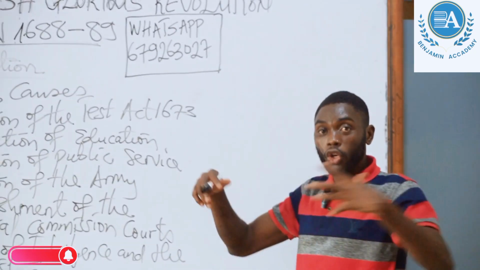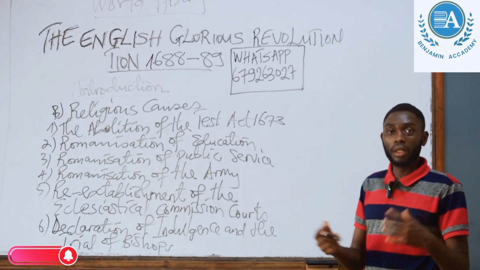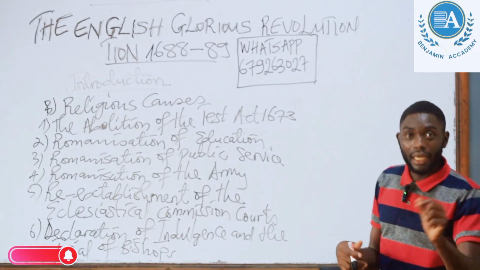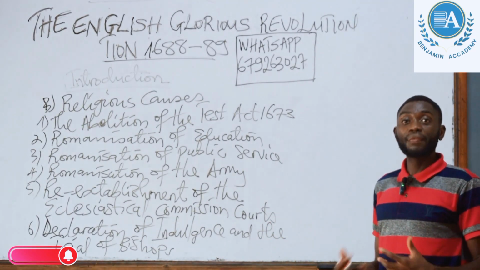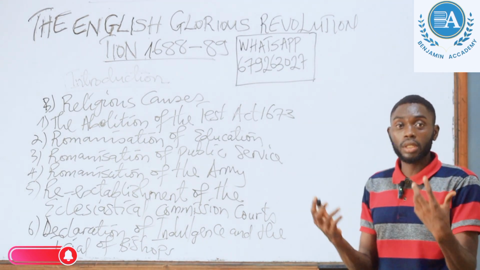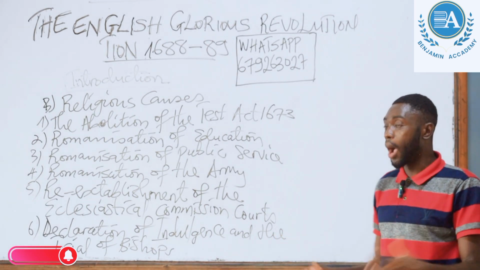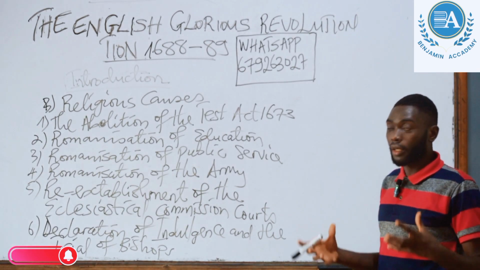This act was there to prohibit Roman Catholic Christians from handling important positions in England. And should a Roman Catholic have to handle a position in England, he should swear an oath that as he comes to power, he was going to handle the position not as a Catholic Christian.